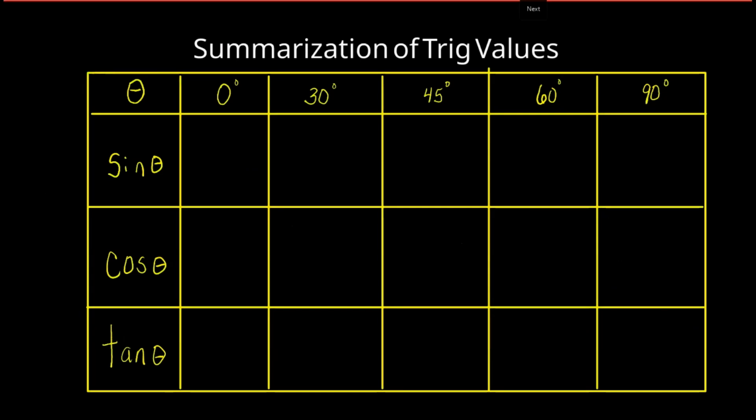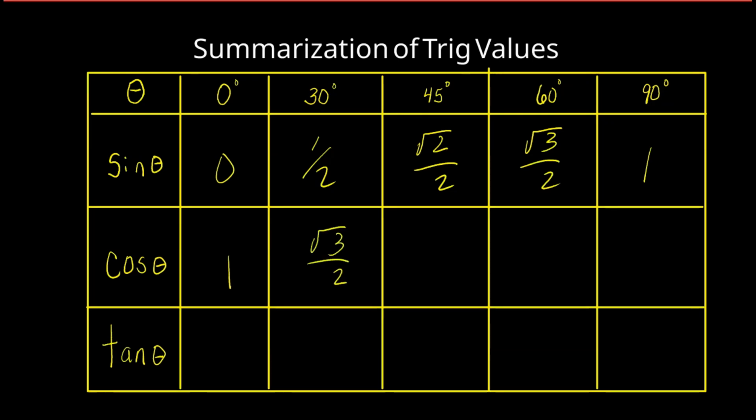So all those trig values are summarized in the following table. Sine of theta for 0 is 0. For 30, it's 1/2. Square root of 2 over 2. Square root of 3 over 2. And 1. For cosine, you have 1. Square root of 3 over 2. Square root of 2 over 2. 1 over 2 and 0.